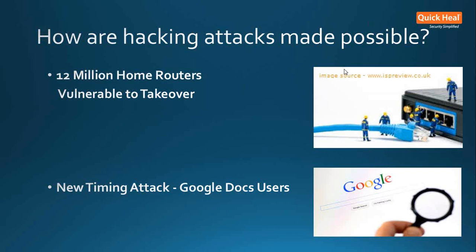Later, once this was reported, they responded with new firmware and patches to their products so that security was taken care of. But yes, before they were informed, more than 12 million home routers were taken over and controlled by the hackers.